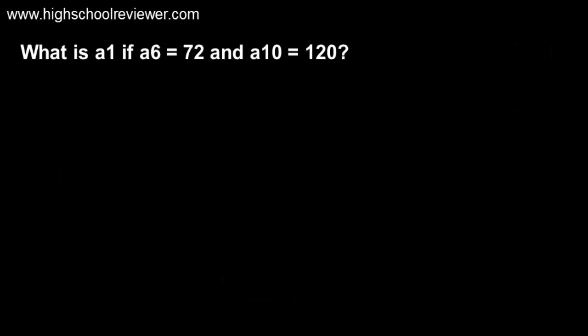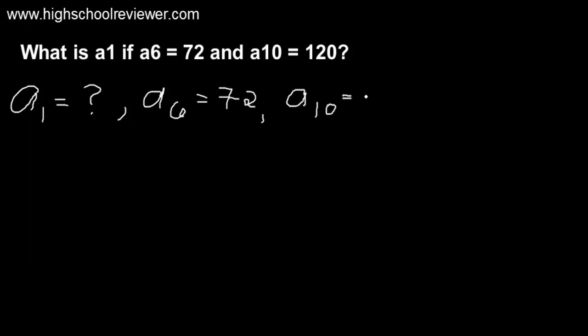Arithmetic sequence word problems. Our given problem: what is A sub 1 if A sub 6 is equal to positive 72 and A sub 10 is equal to 120? So again, A sub 1 is the unknown. Our given is A sub 6 equals 72, and A sub 10 is equal to positive 120.